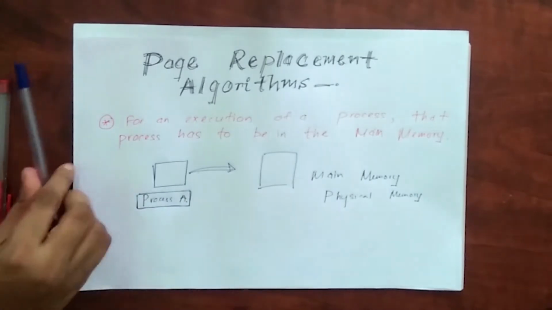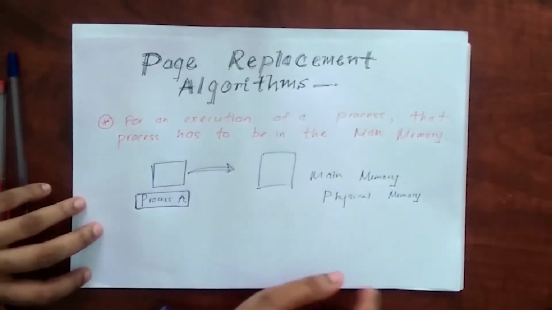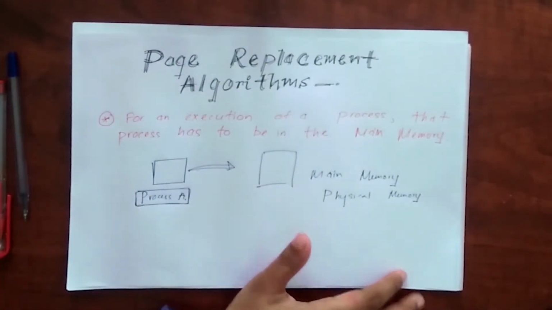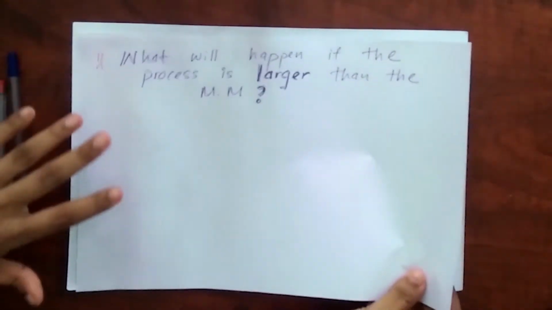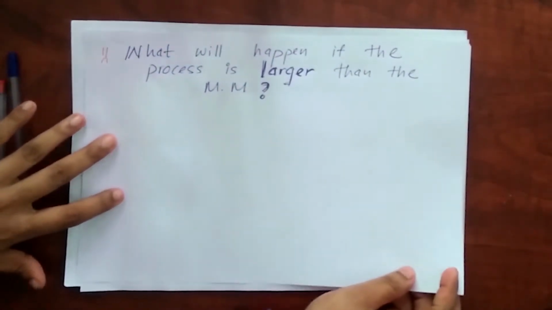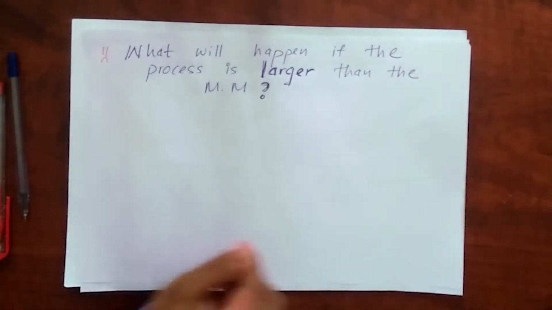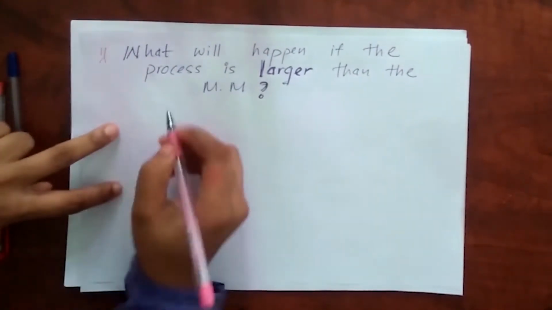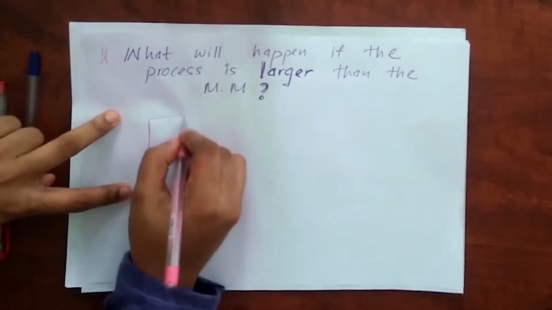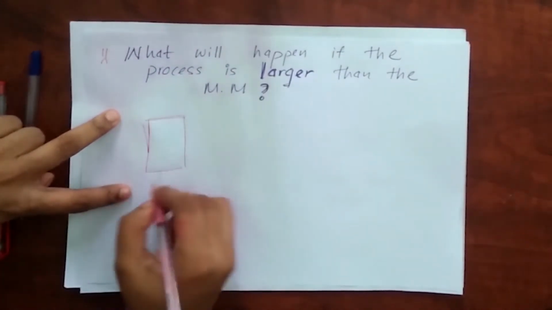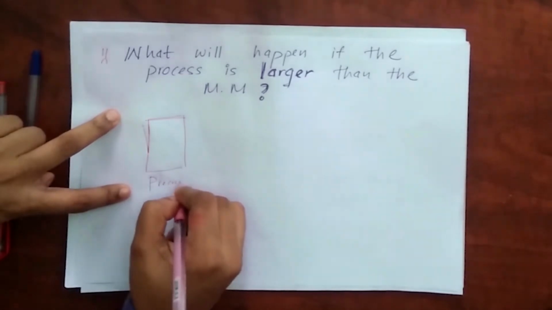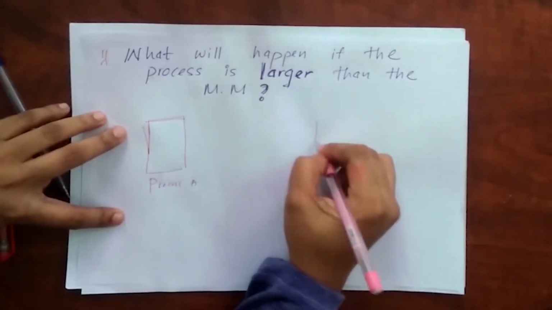So now there comes a problem. What will happen if the process is larger than the main memory? So let's take this process A, and this is the main memory.